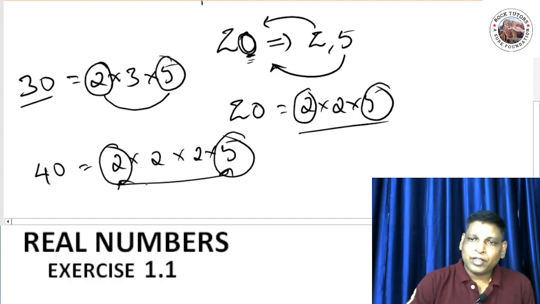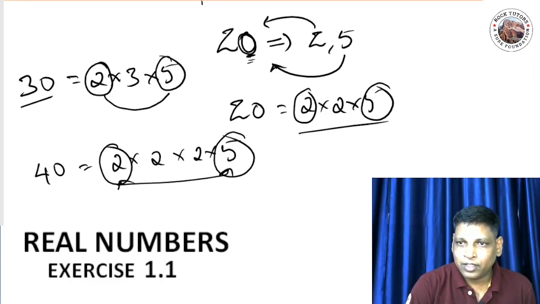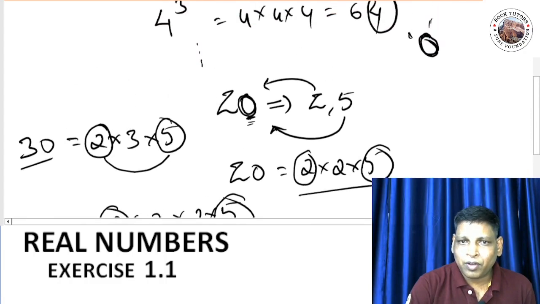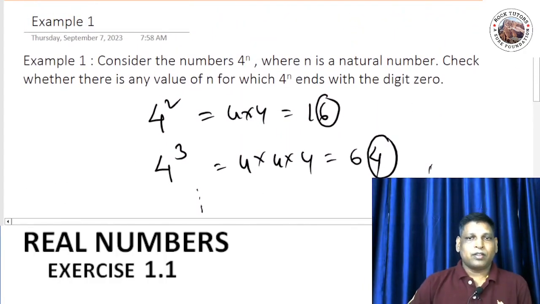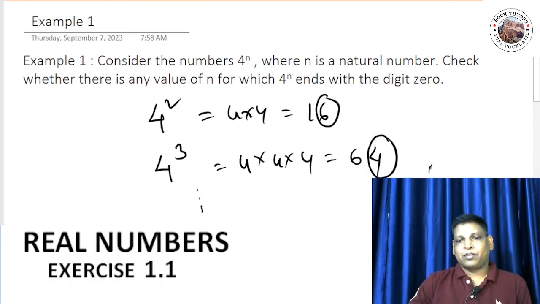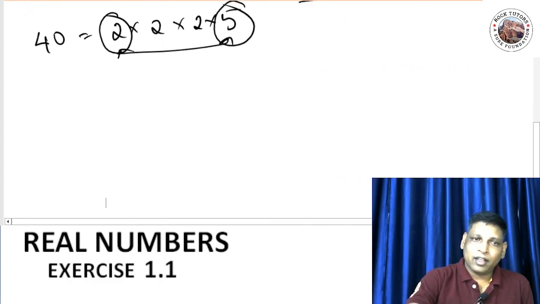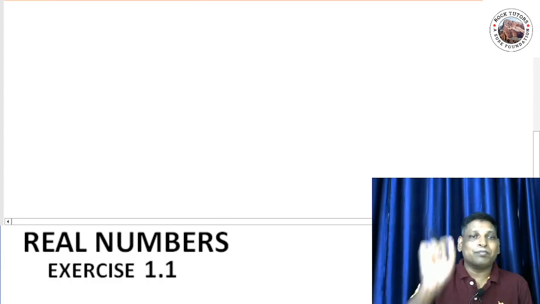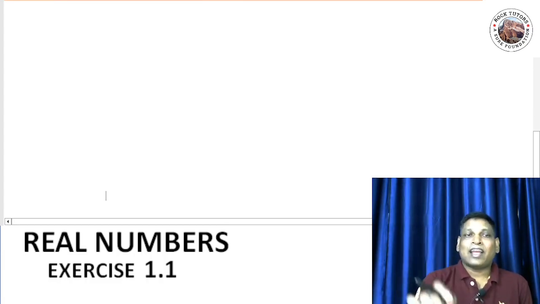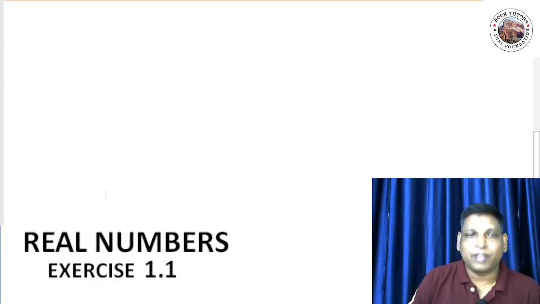Now coming back to the question: can 4 power n end with the digit 0? We now have an idea that if any number ends with 0, its prime factors must include 2 and 5.